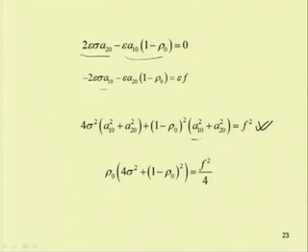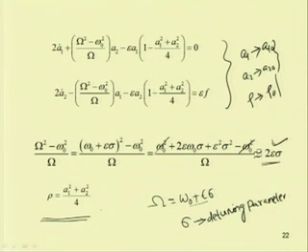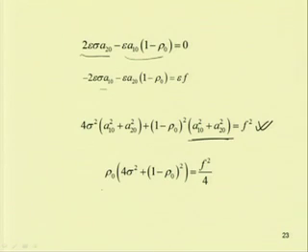Now, taking A10 square plus A20 square common, one can write A10 square plus A20 square into 4 sigma square plus 1 minus rho 0 whole square equal to f square. But we can use the equation rho 0 equal to A10 square plus A20 square by 4. By using this expression, one can write this equation as rho 0 into 4 sigma square plus 1 minus rho 0 whole square equal to f square by 4.